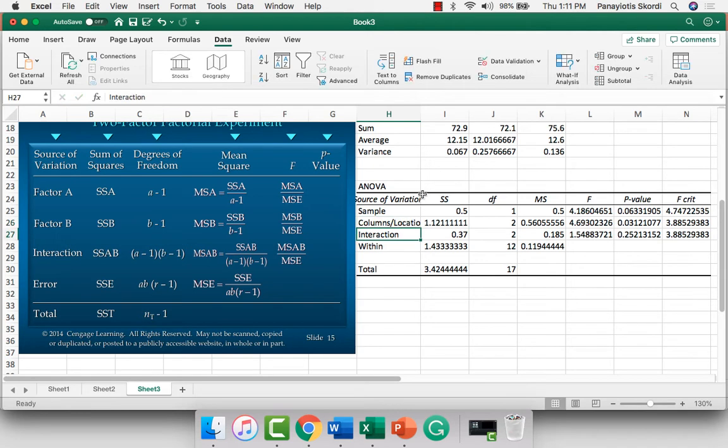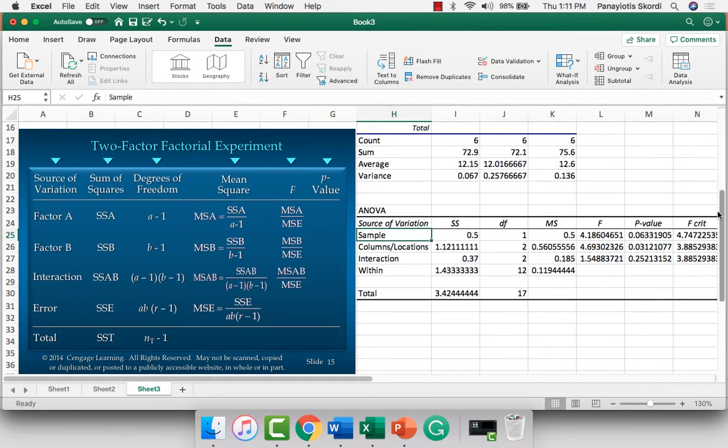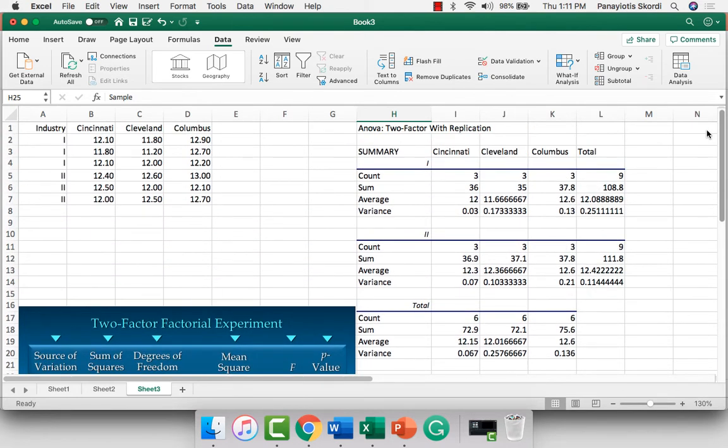Now, when it's referring to sample, it's like asking the number of times we repeated the experiment and what did we repeat the experiment for, and it's basically talking about the industry. Okay, so we repeated it 3 times for the industry. It's like we took a sample of 3 for Industry 1 and a sample of 3 for Industry 2.